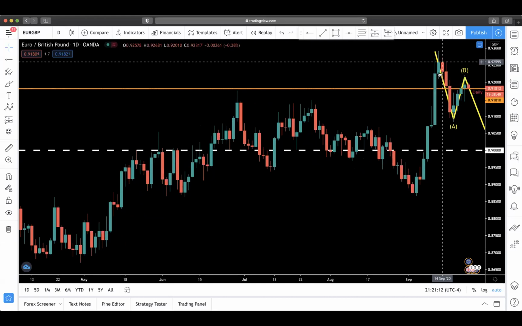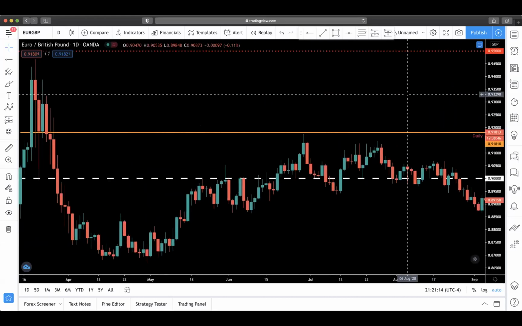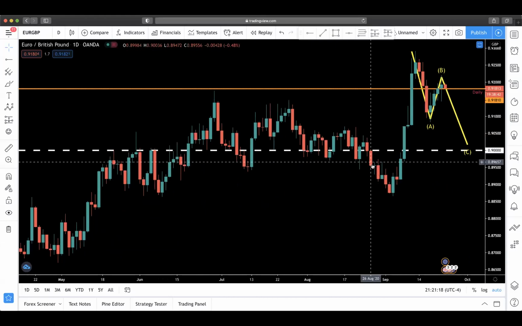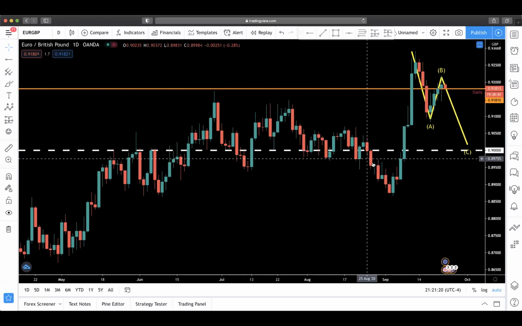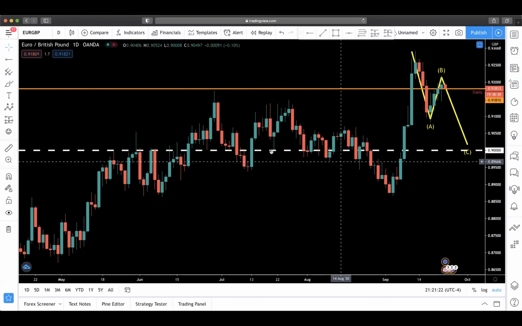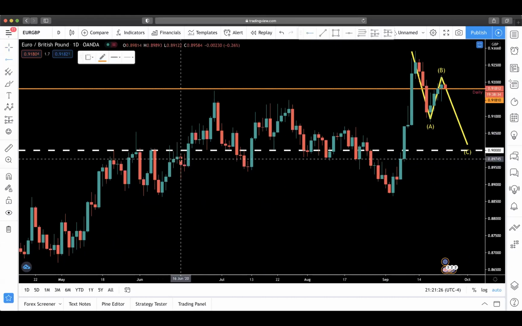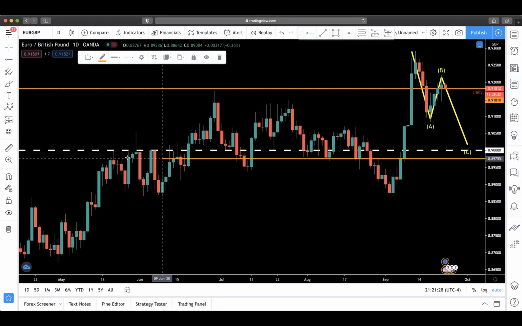It's not a perfect break of structure. If we look at this pattern right here, that's a break of structure. And the structure that was broken... I can drag this all the way over.